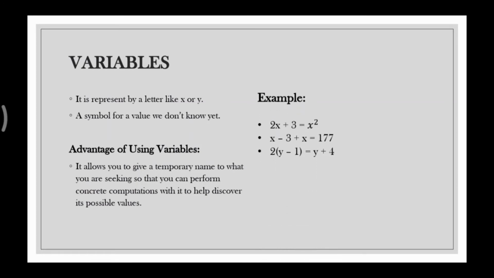Example: 2x plus 3 equals x squared. x minus 3 plus x equals 177. 2 times y minus 1 equals y plus 4.